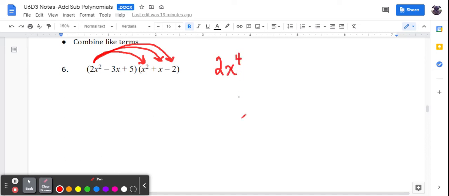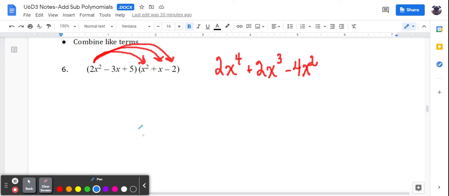That becomes 2x to the fourth. 2x squared times x, multiply the numbers in the front and add the exponent. So that's 2x to the third. 2x squared times negative 2, multiply the numbers, so that's negative 4. I don't have any exponents to add to that, so I'm going to bring down my x squared.